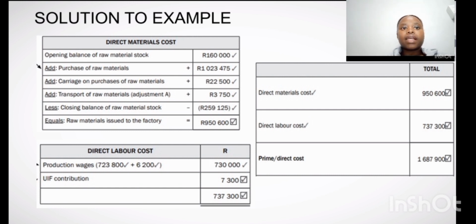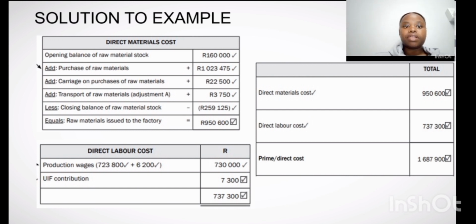Moving on to the direct labor cost. In the direct labor cost, they gave us an amount of production wages of 723,800. So we're going to put that amount first. And then adjustment B says that there were entries that were omitted, meaning there were entries that were left out of the wages journal.